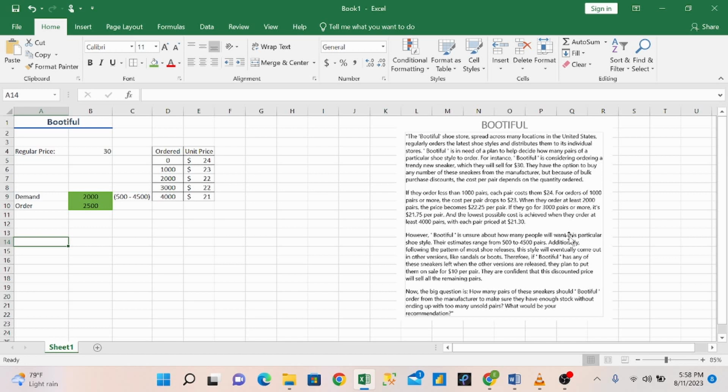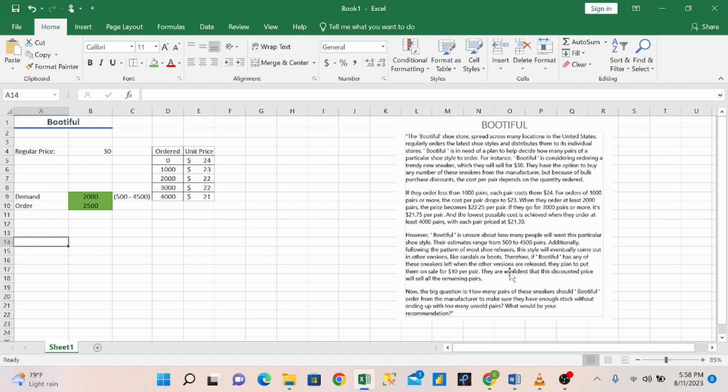Additionally, following the pattern of most shoe releases, this style will eventually come out in other versions like sandals or boots. Therefore, if Bootiful has any of these sneakers left when the other versions are released, they plan to put them on sale for $10 per pair.